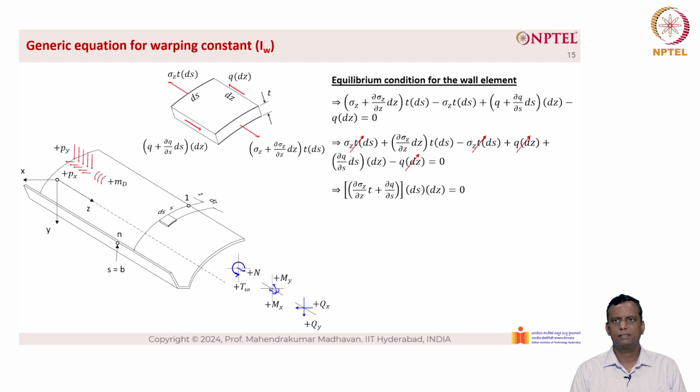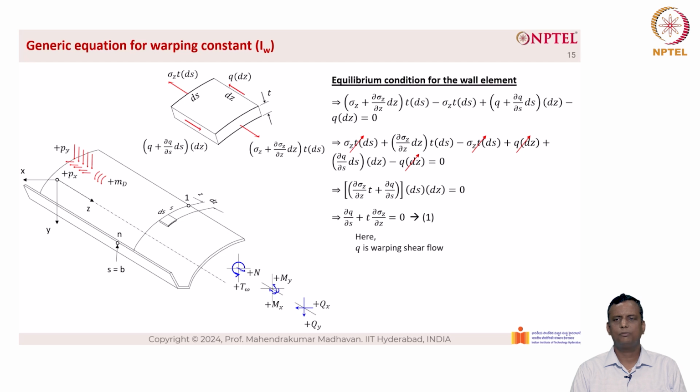Now we have (dou sigma z by dou z into t plus dou q by dou s) into ds into dz equal to 0. However, ds multiplied by dz is not equal to 0. Hence, dou q by dou s plus t into dou sigma z by dou z is equal to 0. So, this becomes equation 1.